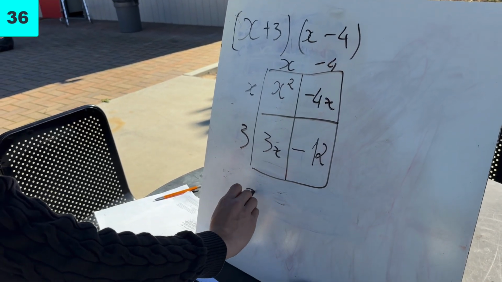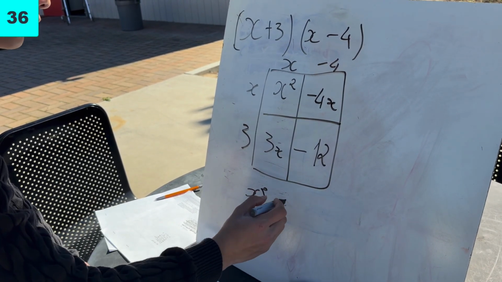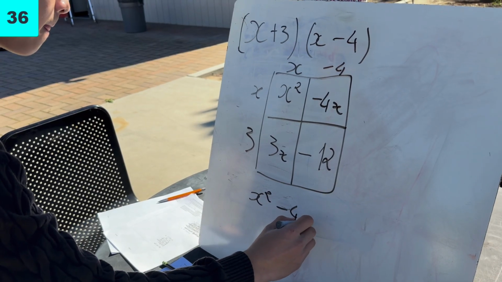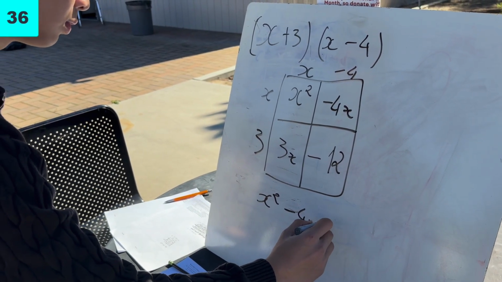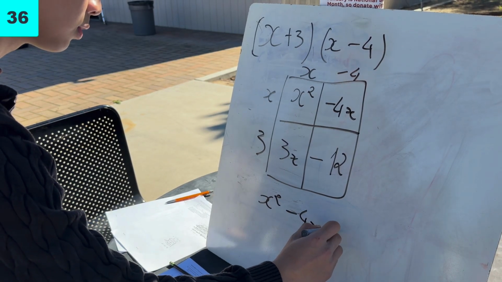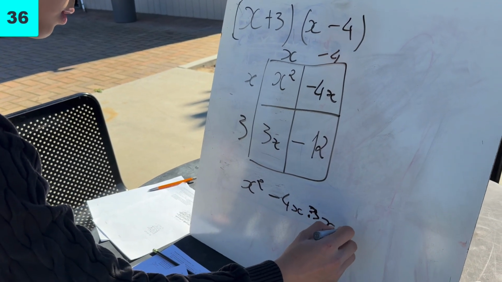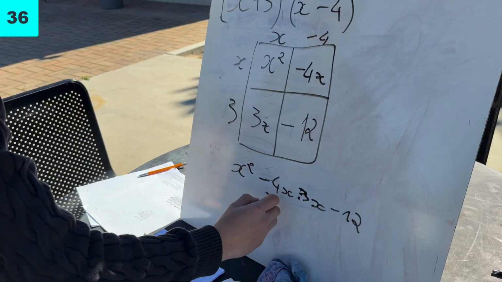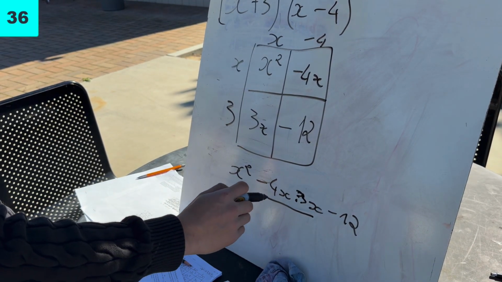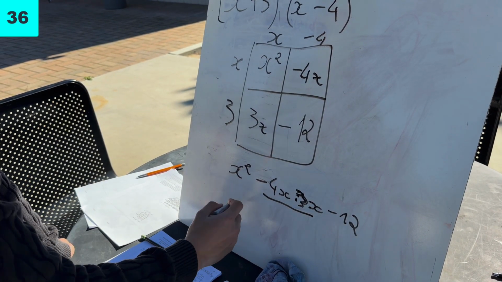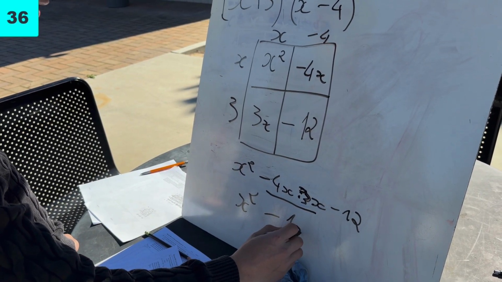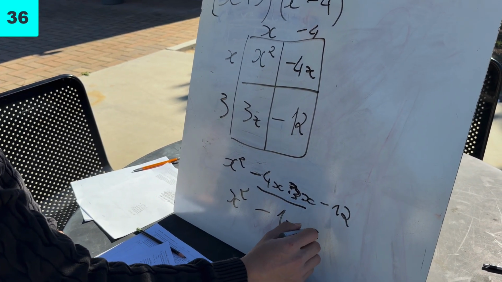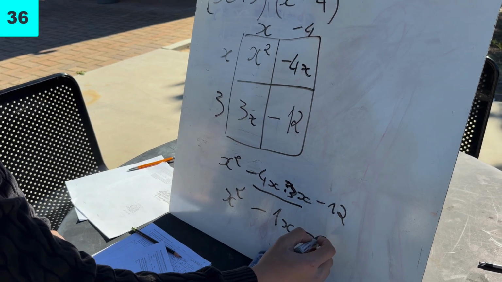So we have the answer. So right now we need to combine like terms, negative 4x and 3x. So we got x squared, negative 1x, and negative 12.